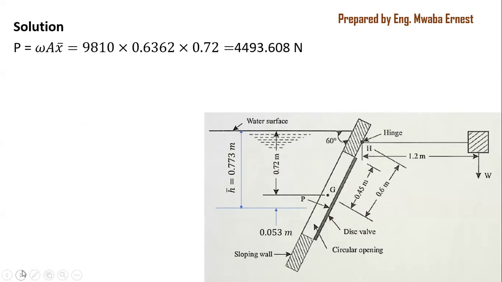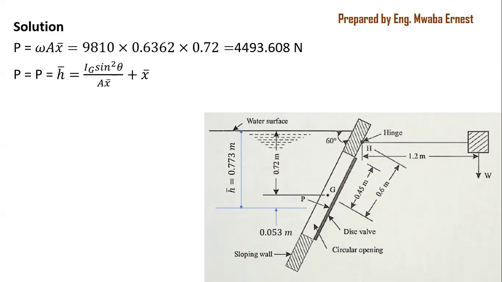First things first, let's find the pressure force acting, that hydrostatic pressure due to the weight of the liquid on that plate, that's the one we call P. The formula is omega A x bar. Specific weight is 9,810 times our area, which is 0.6362, times x bar, 0.72. This computation gives 4,493.608.